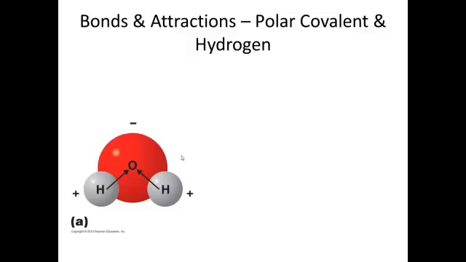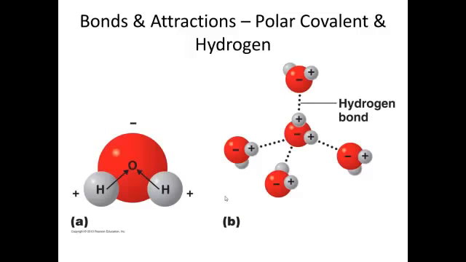Think of it as the poles of the Earth. The Earth is a big magnet, and it also has a negative pole and a positive pole. Now, because water has a positive and a negative side, if you will, positive and negative poles, it forms bonds with other water molecules. The negative oxygen is attracted to the positive hydrogen, and so on and so on. And we call these hydrogen bonds.